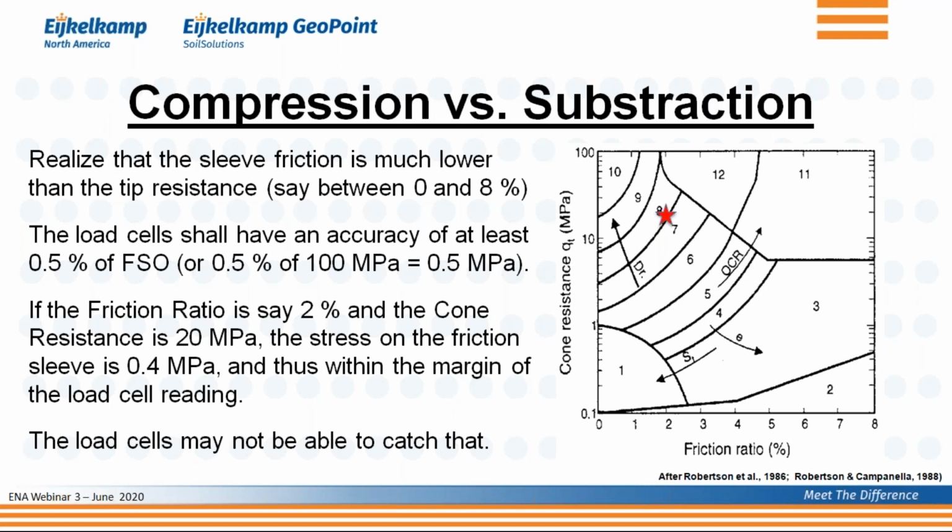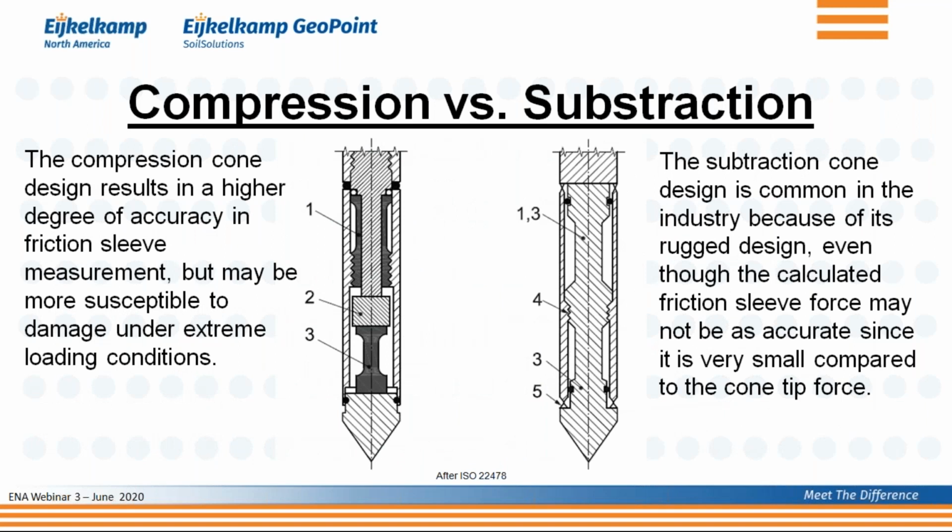And that's the problem that you have with the subtraction cone, where the load cells have to be sized for the tip resistance, so it may not be accurate enough or sensitive enough to pick up the sleeve friction, especially when the sleeve friction is relatively low. So what do you end up with?